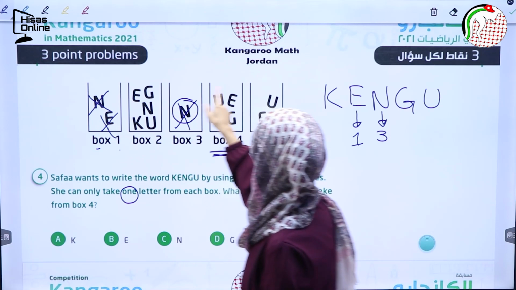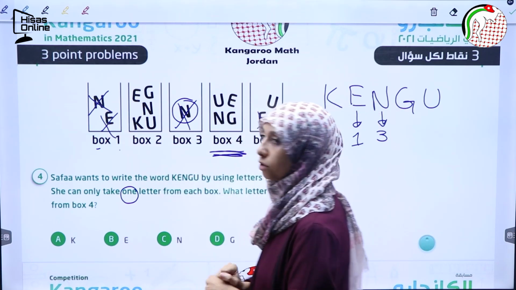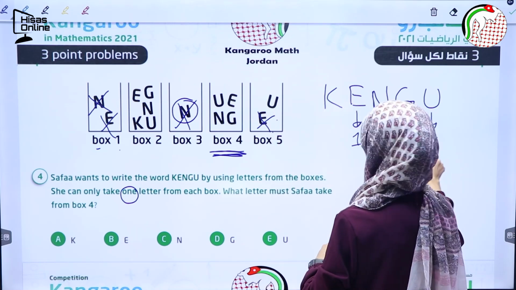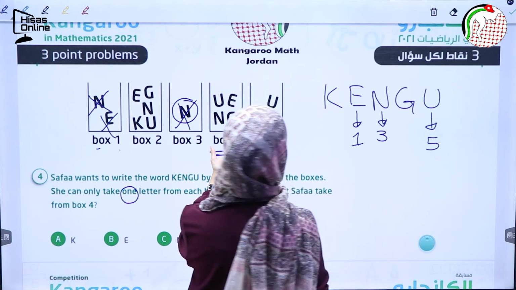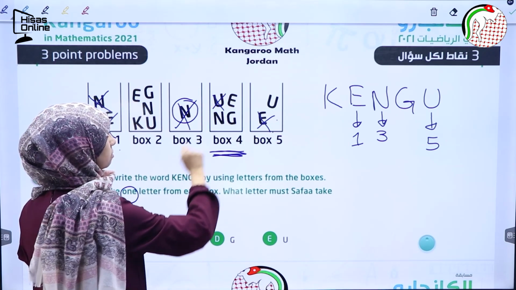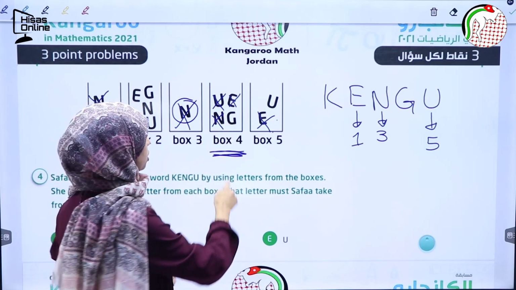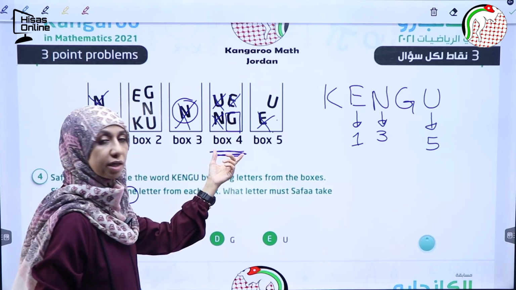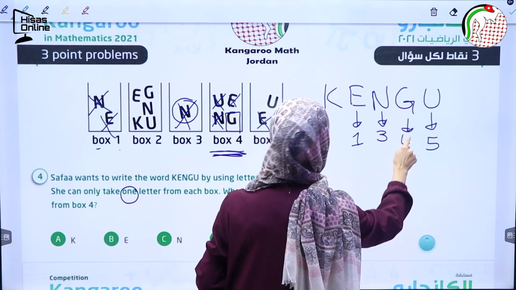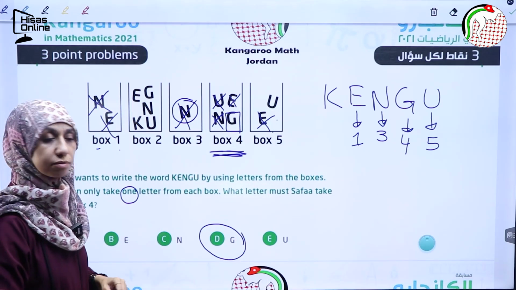Then move to box number 5. I took E from box number 1, so I will take U from box number 5. Then box number 4 now, U is already taken, E is already taken, N is already taken. Now G will be the letter that I can have from box number 4. So letter G is the right answer.